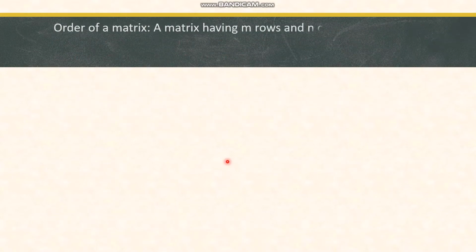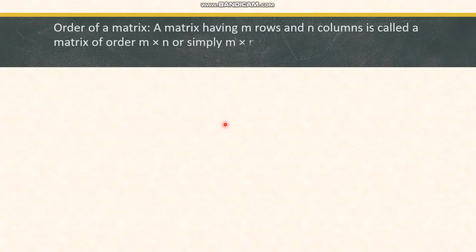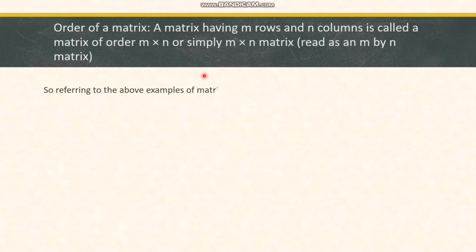So let's see what the order of a matrix is. A matrix having m rows and n columns is called a matrix of order m cross n, or simply an m cross n matrix. It is read as m by n matrix. So if you refer to the above examples, this matrix has 3 rows and 2 columns. So this is a 3 cross 2 matrix, or 3 by 2 matrix.